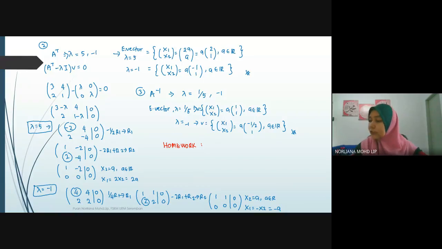Okay, page 288. Buat number 23 and 24. Dua ni untuknya based on theorem 6 lah. Use theorem 6.